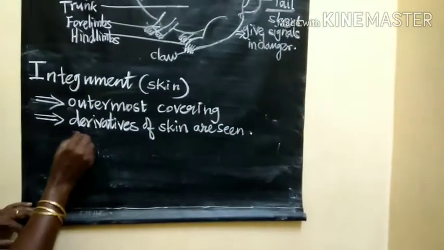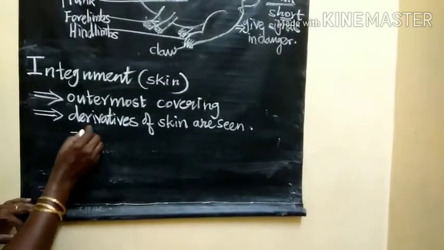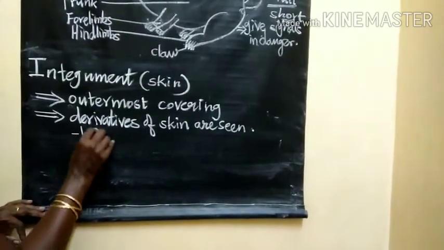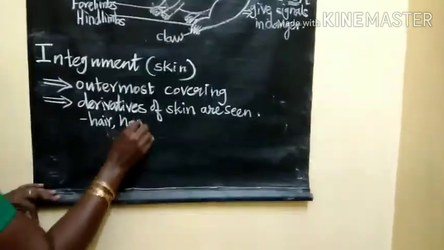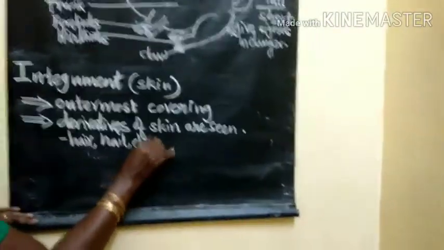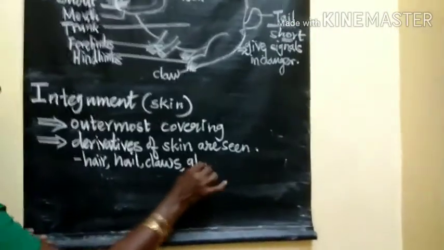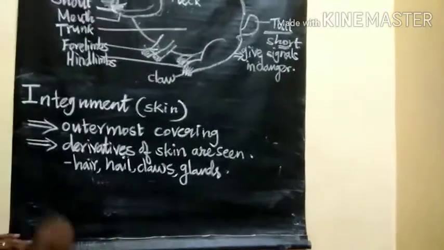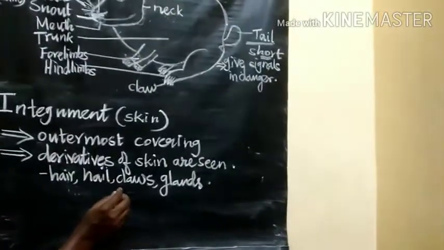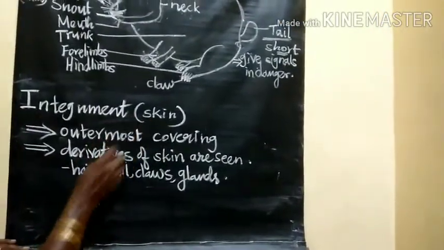What are the derivatives of skin? They are hair, nails, claws and glands. These derivatives of skin are formed from the integument.